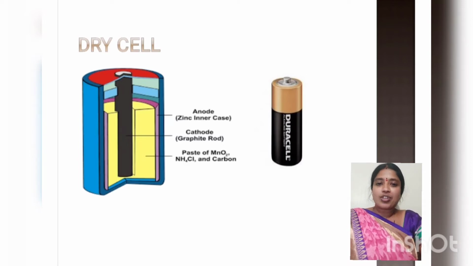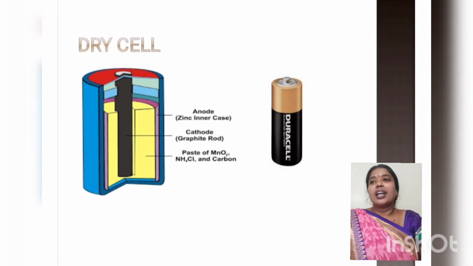In the images which you are able to see here, the internal parts are visible. Now, for what purpose do you use these cells? Yes, you might be using them for running your toys.